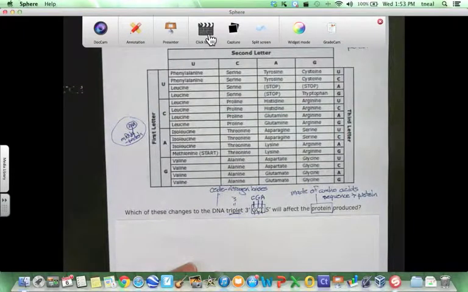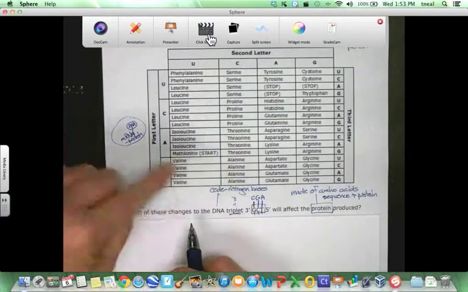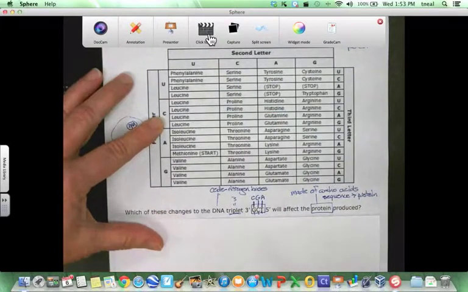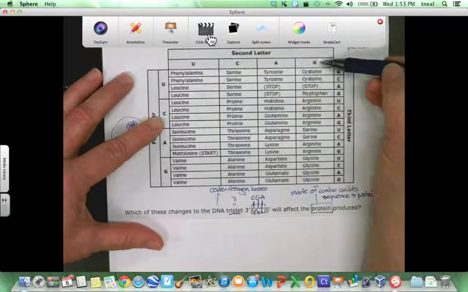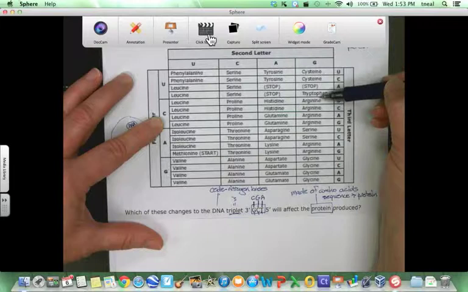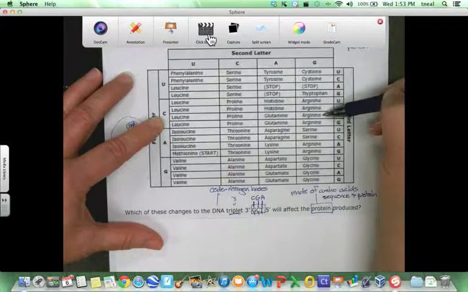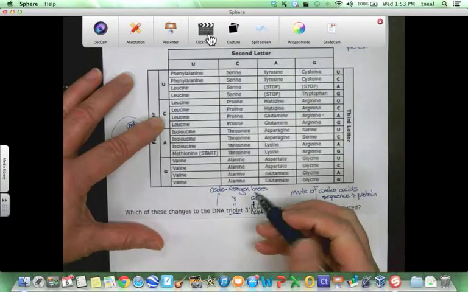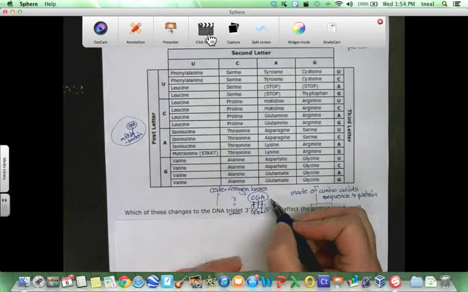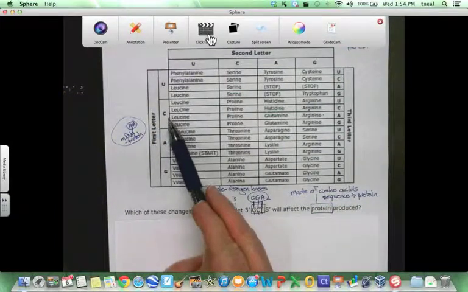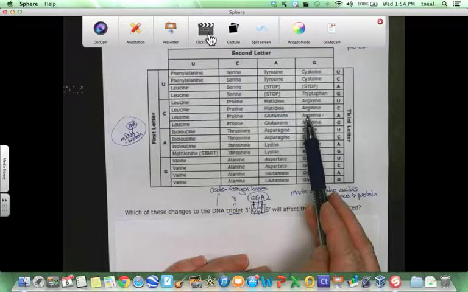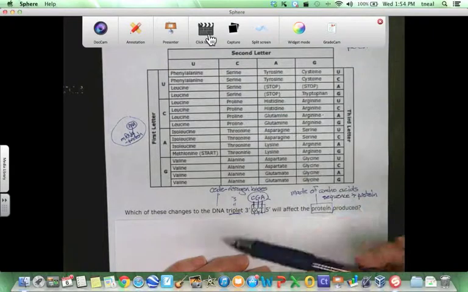So now I'm going to come to the codon chart. My first letter is C. The second letter is G, so I'm going to go all the way over to G. And then I'm going to go C, G, A. So the actual amino acid, I have C, I have to come all the way across to G and find A, is arginine.